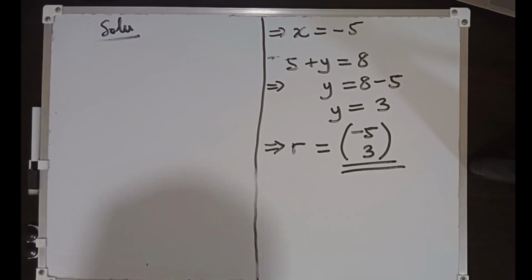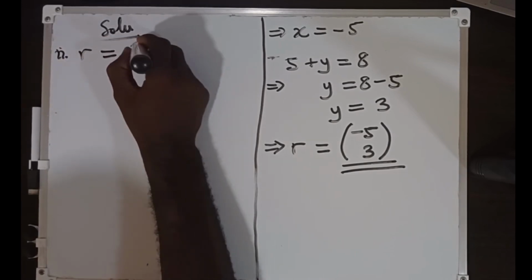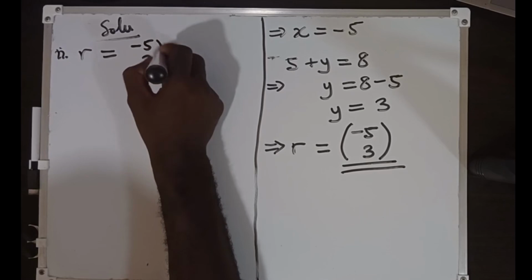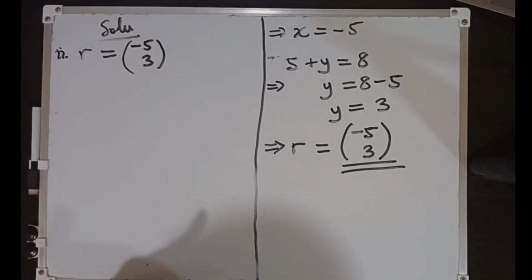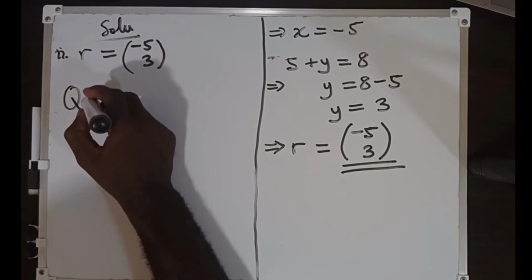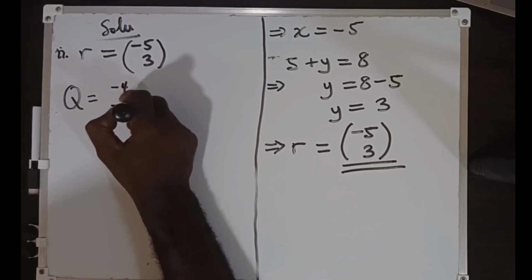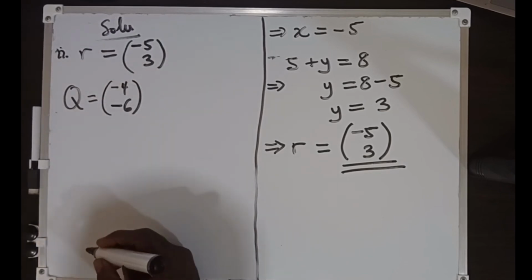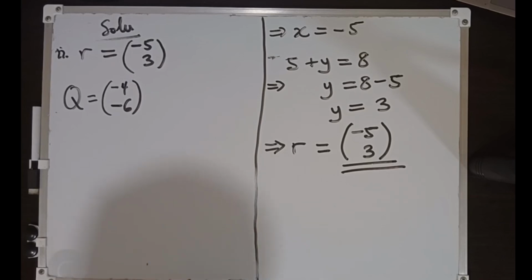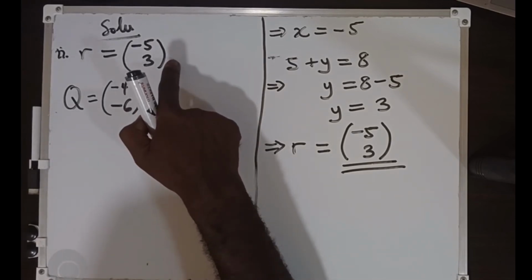Alright, so now we know that our vector r is -5 on 3. And we have an object, a point Q. And Q is -4 on -6. And they are saying that we should find the image Q prime when this Q is translated by the vector r.